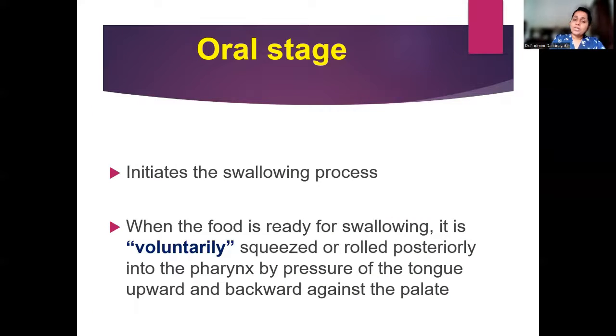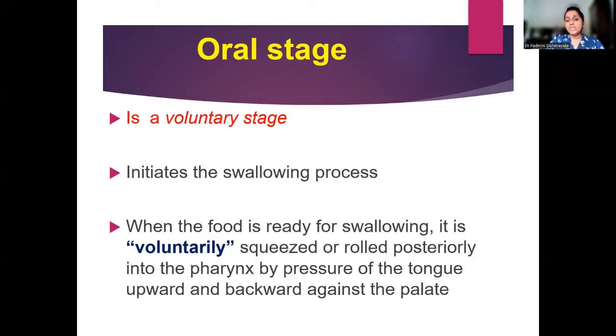Now, the oral stage is known as a voluntary stage. Why am I saying this is a voluntary stage? Because you have control over it. When the food bolus is ready for swallowing, with the help of your tongue, that food bolus will be squeezed upward and backward against your soft palate.